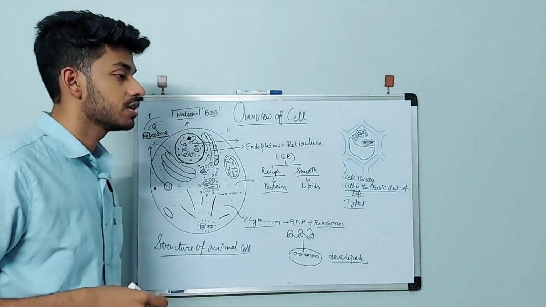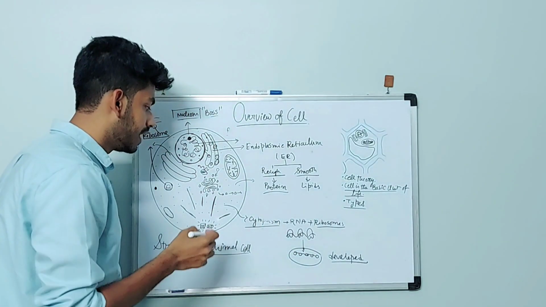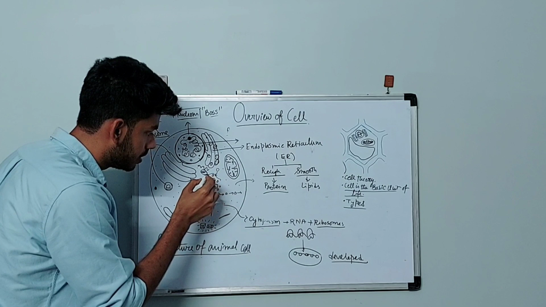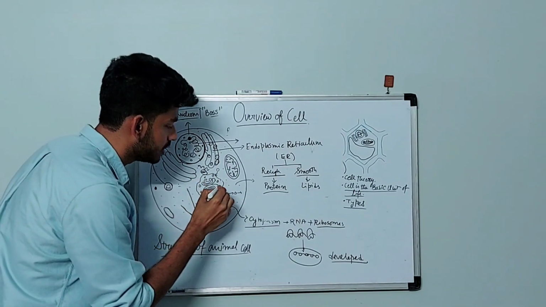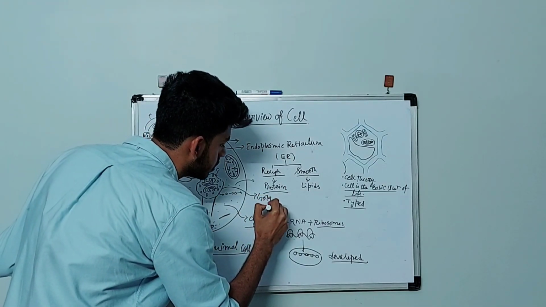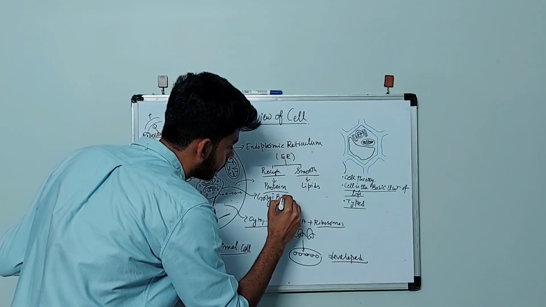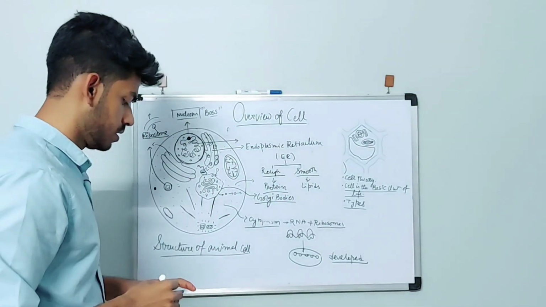The protein goes to a second stage of development in another organelle, this messy organelle that I have drawn here. This messy organelle is named the Golgi bodies.